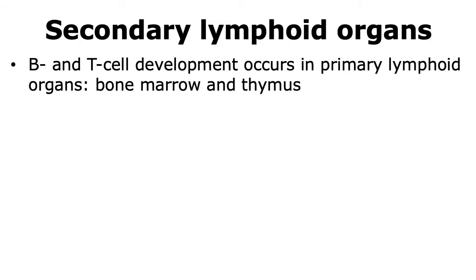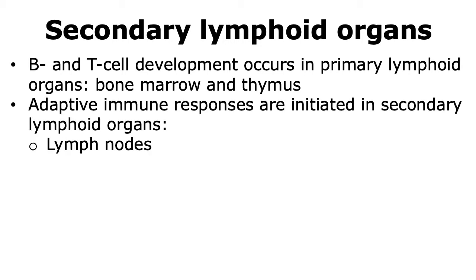We know that B and T cell development occurs in the primary lymphoid organs, and in the case of the B lymphocyte, it occurs in the bone marrow, and in the case of the T lymphocytes, a majority of it occurs in the thymus. Now, when it comes to initiating the adaptive immune responses, these occur in the secondary lymphoid organs.